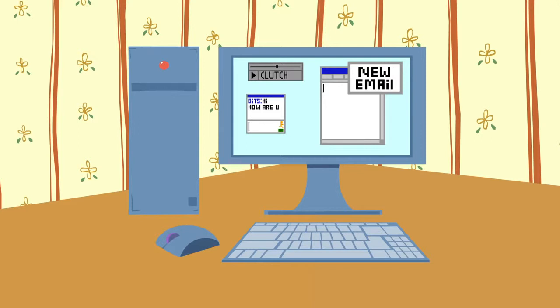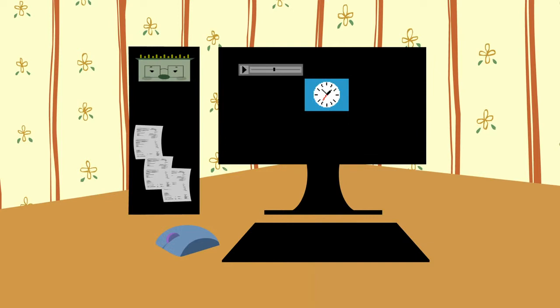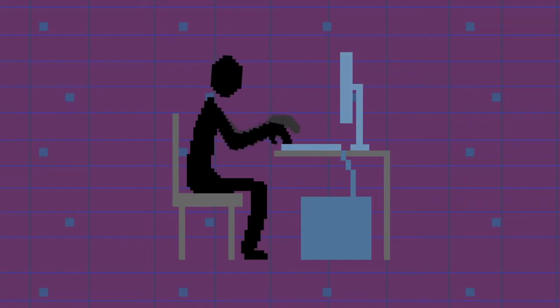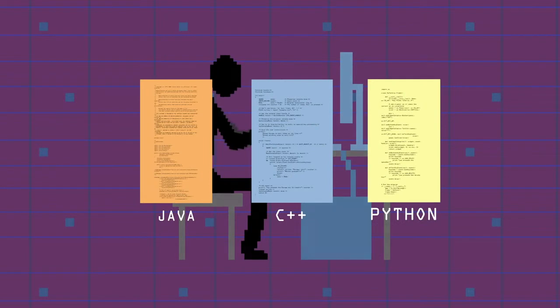There are programs for everything that the CPU does. A special program for the mouse, for the clock widget, for the internet radio, and for dealing with letters sent by the keyboard. Each program was initially written by a human in a human-readable programming language like Java, C++, or Python.